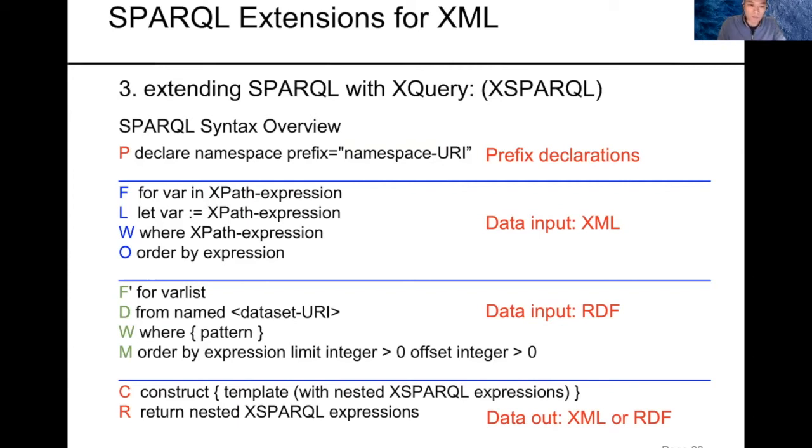It just extends the FLWOR expression, right, for manipulating the XML data, and it also extends the constructor and the return keywords to support construction of XML files and return XML files.